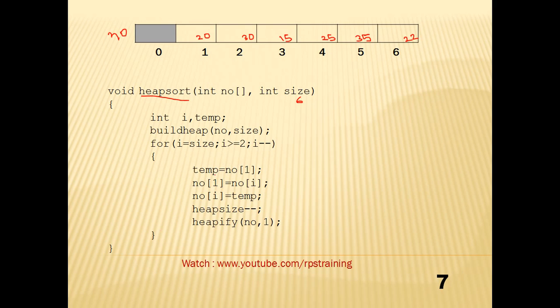It will interchange the root item with the last element, and it will decrease the heap size, because one item at a time will be eliminated. Each time one item will be eliminated, and again it will adjust all remaining items.